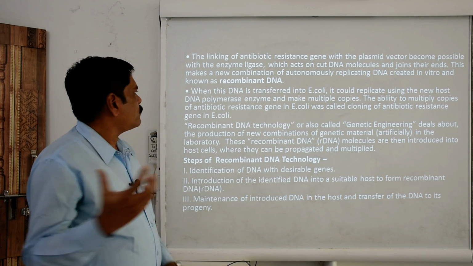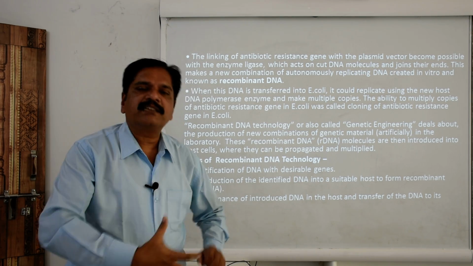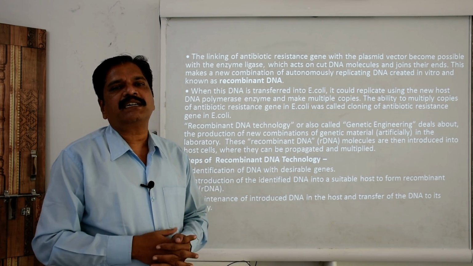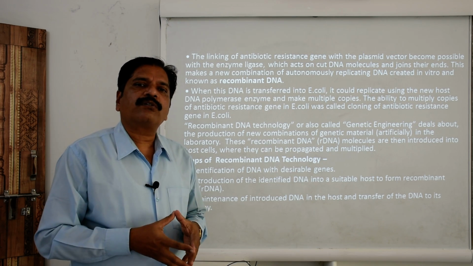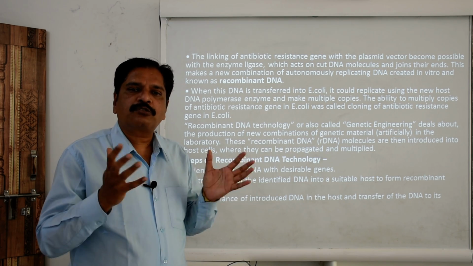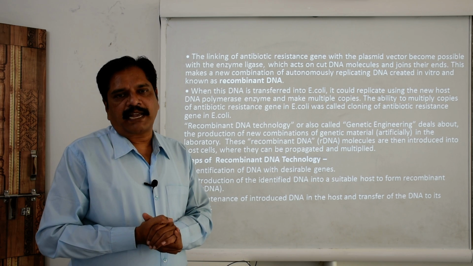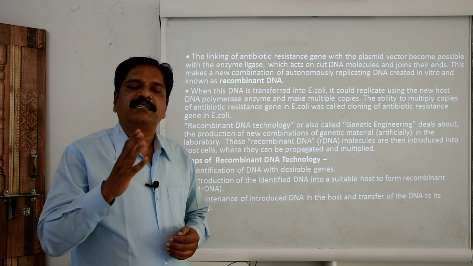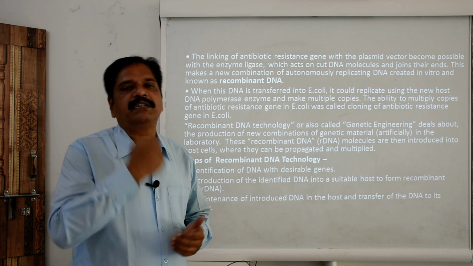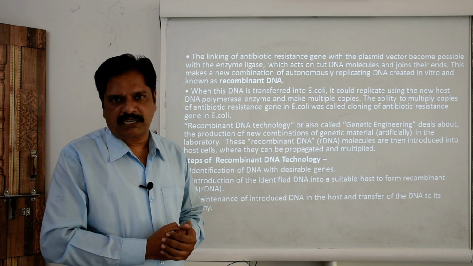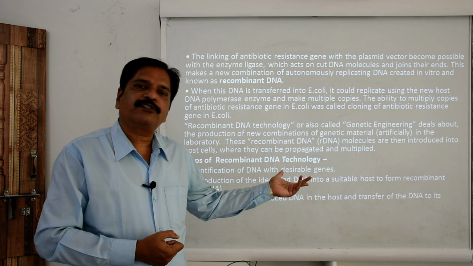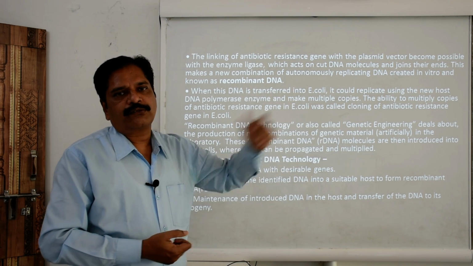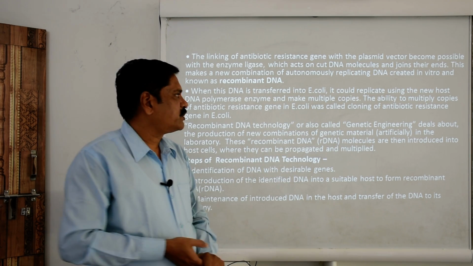Simply, we can call genetic engineering recombinant DNA technology. Such technology, which combines two different DNA segments to obtain a hybrid DNA, is called recombinant DNA technology, and that hybrid DNA is called recombinant DNA. Simply, it is the manipulation of genetic material, so it is also known as genetic engineering.